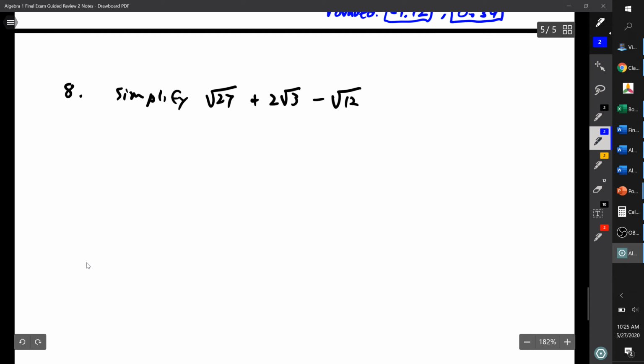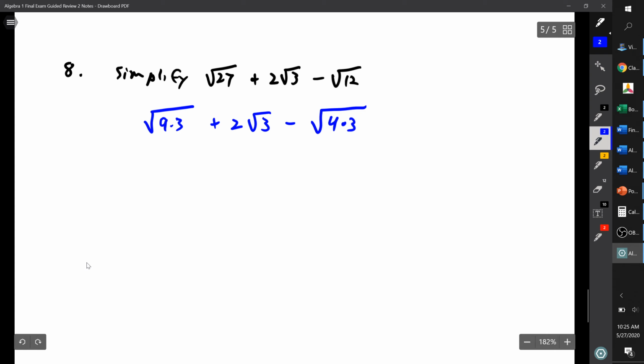Root 27, that's not something that becomes just a number by itself, because the square root of 27 is not a nice value. But I can rewrite square root of 27 as square root of 9 times 3. And I have this plus 2 root 3, and I have this minus root 12. Well, 12 I can rewrite as 4 times 3. Okay, now let's see what we can do.